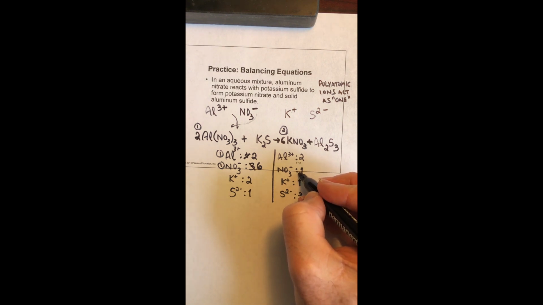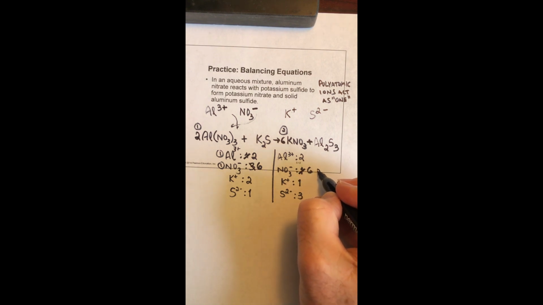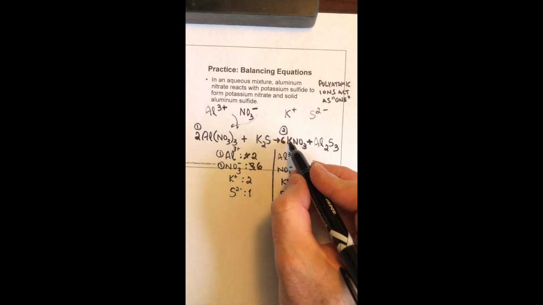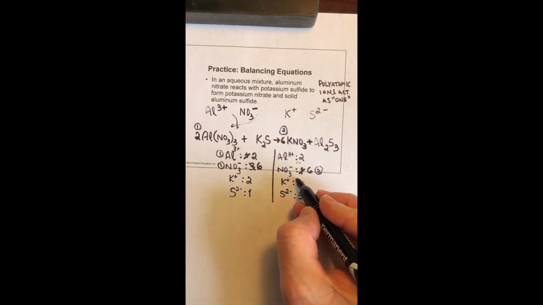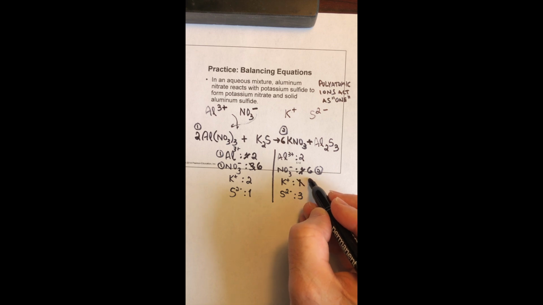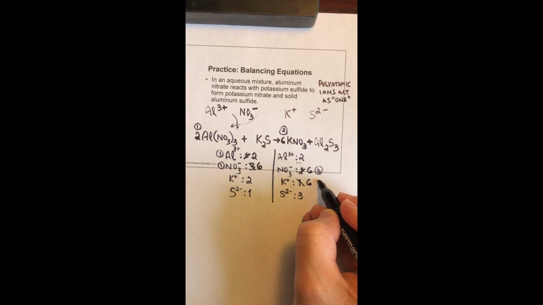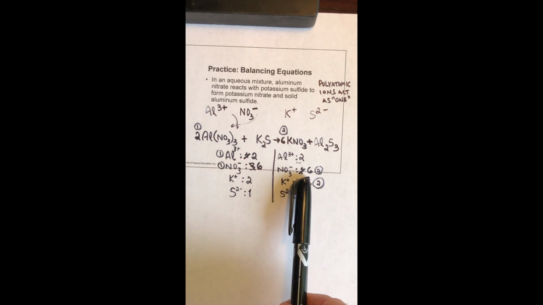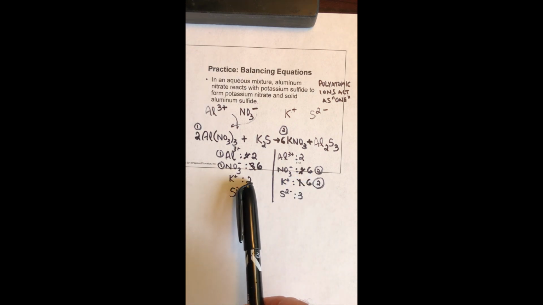And so this will become now 6 nitrates. But as a consequence of that step, I'm also changing the potassium. So I'm going to use a downward slash here, right? Because also as a consequence of step number 2, I changed the potassium to 6. So now I have 6 potassiums here and then 2 over here.